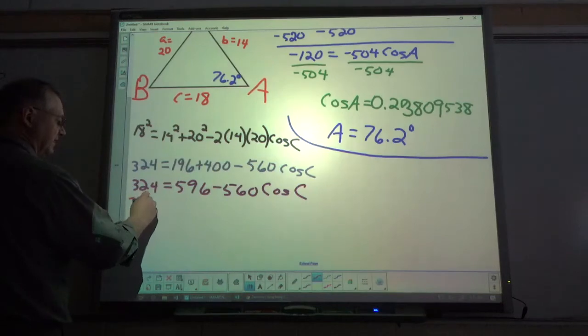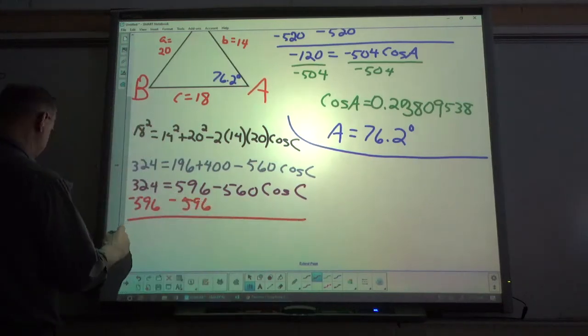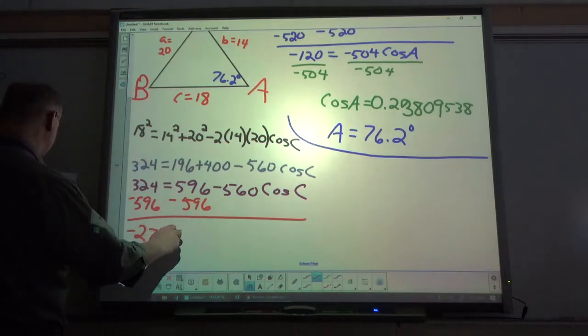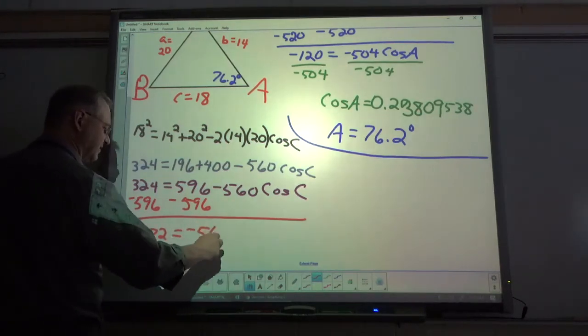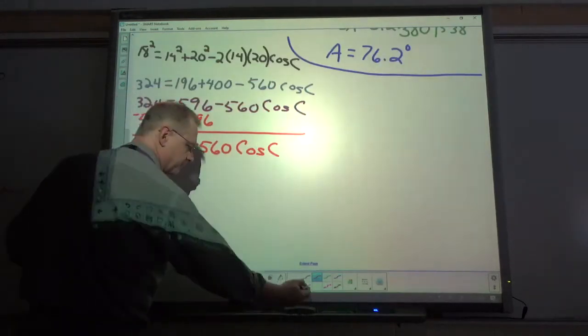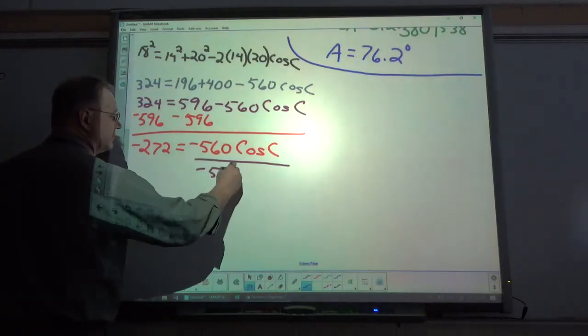Subtract 596. All right, that's going to be negative 272 equals negative 560 cosine C. Divide by negative 560.